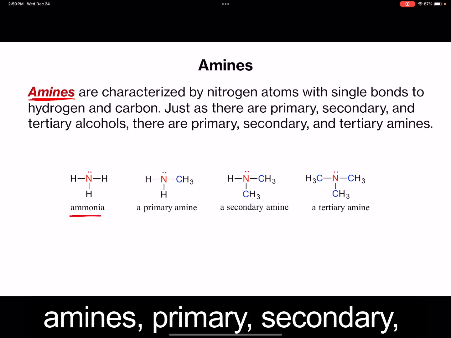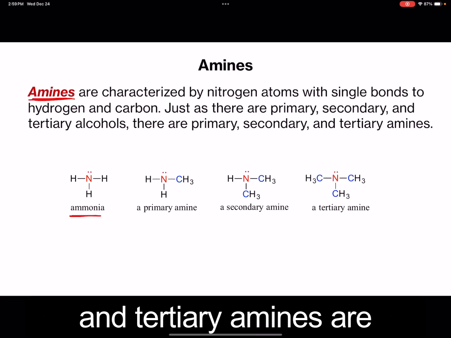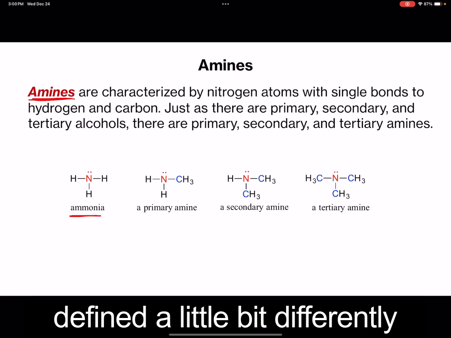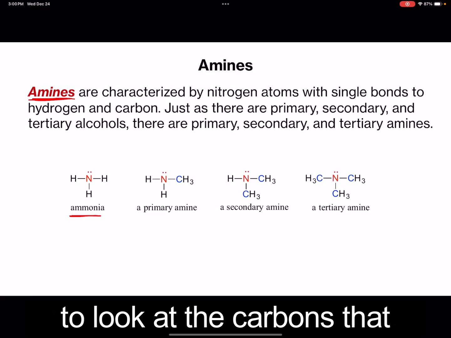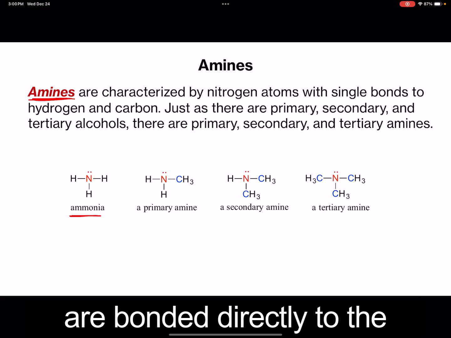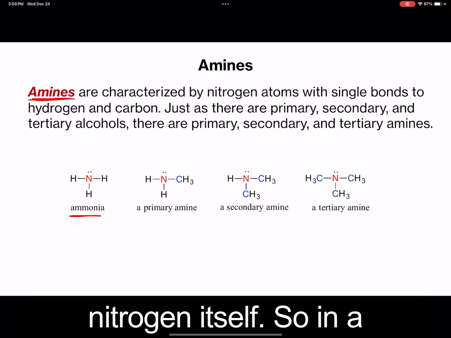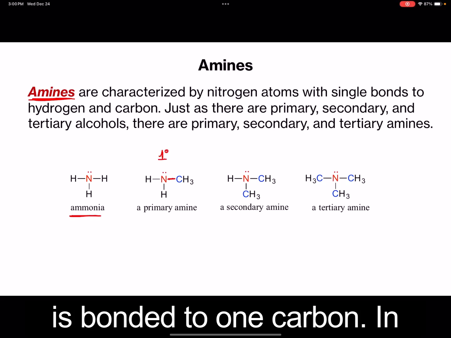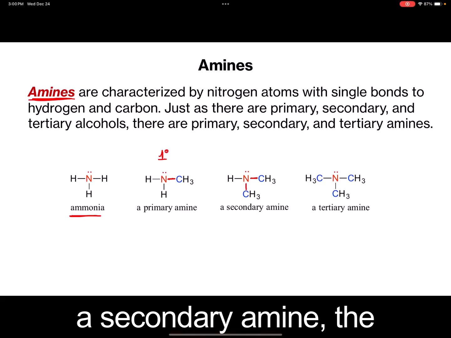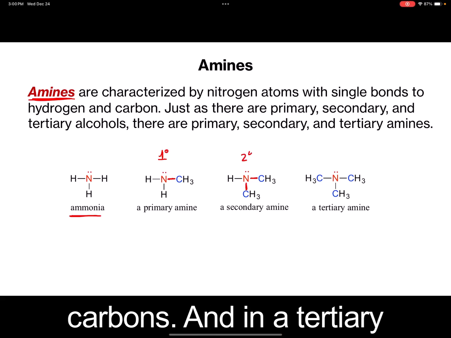So for amines, primary, secondary, and tertiary amines are defined a little bit differently than our alcohols. It's going to look at the carbons that are bonded directly to the nitrogen itself. So in a primary amine, the nitrogen is bonded to one carbon. In a secondary amine, the nitrogen is bonded to two carbons.